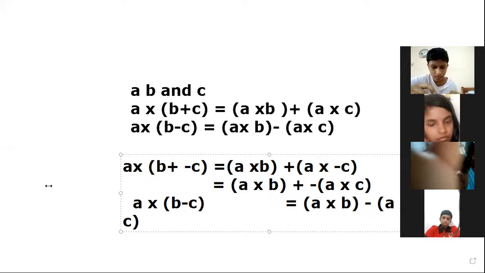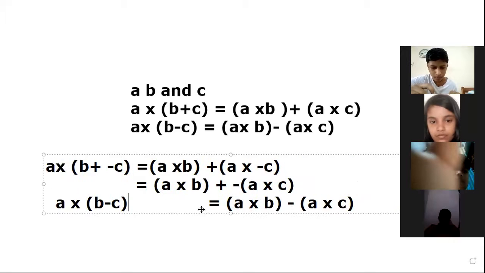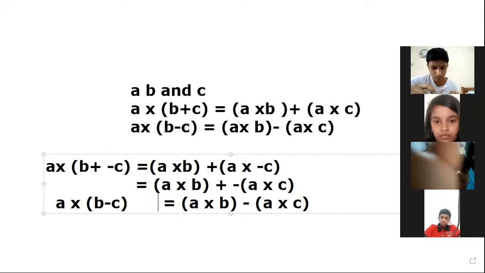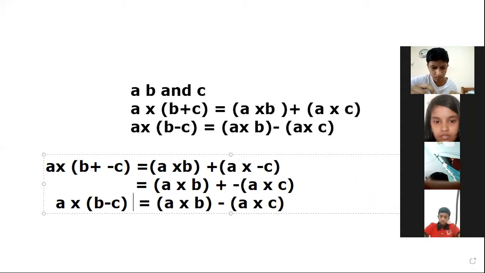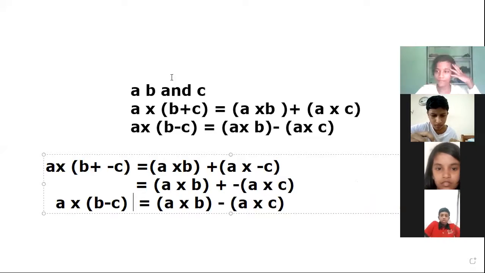So from A into (B plus C), we can write A into (B minus C) as A into B minus A into C. That we have right here. Clear?